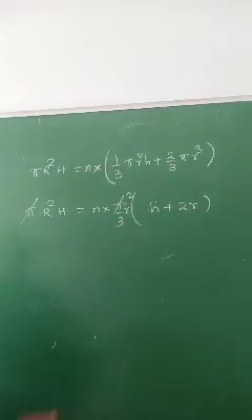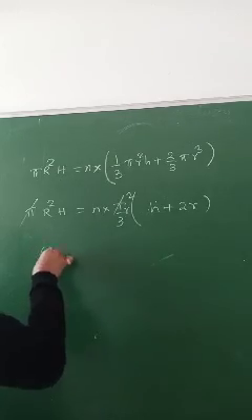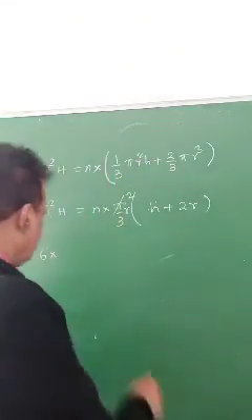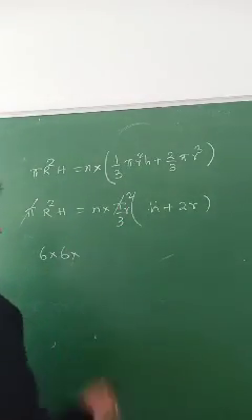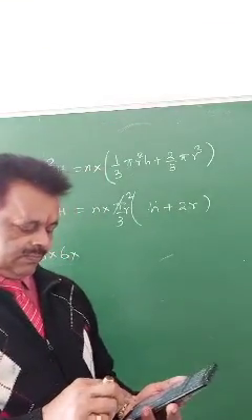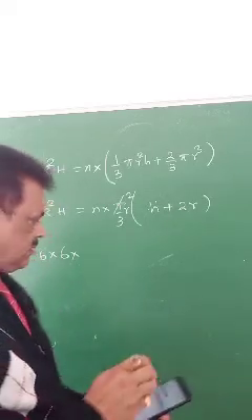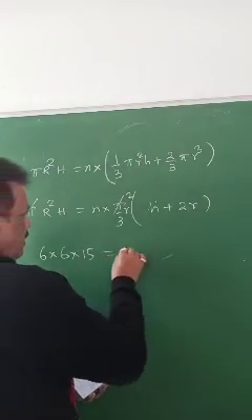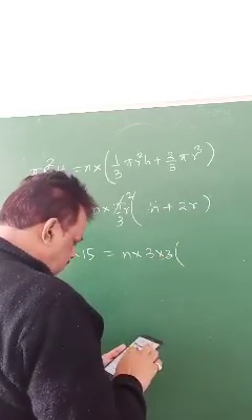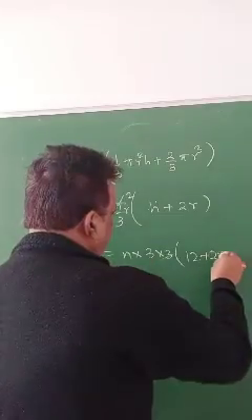Okay, R is how much? This was 6 into 6 into height. Height was how much? 15 I think. Yeah, 15. n into 3 into 3. Its height was how much? 12 I think. 12 plus 2 into 3.